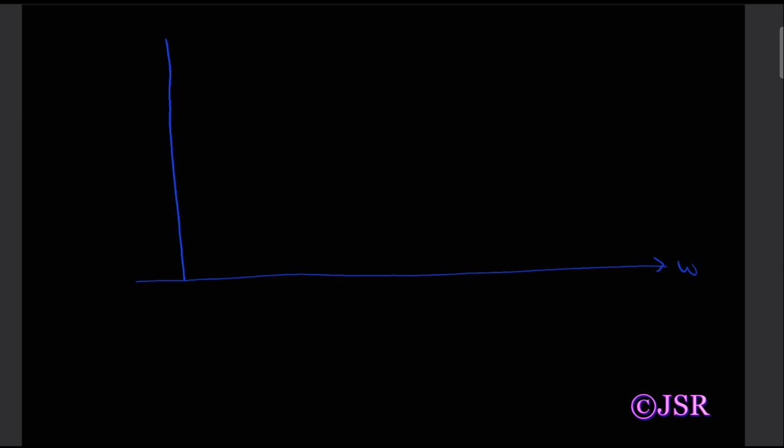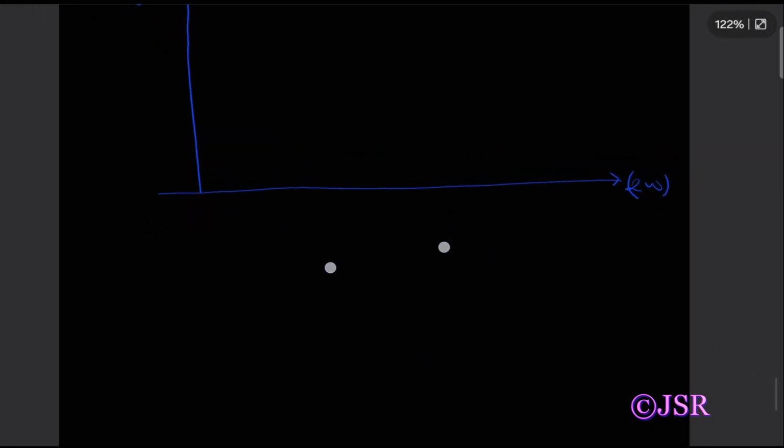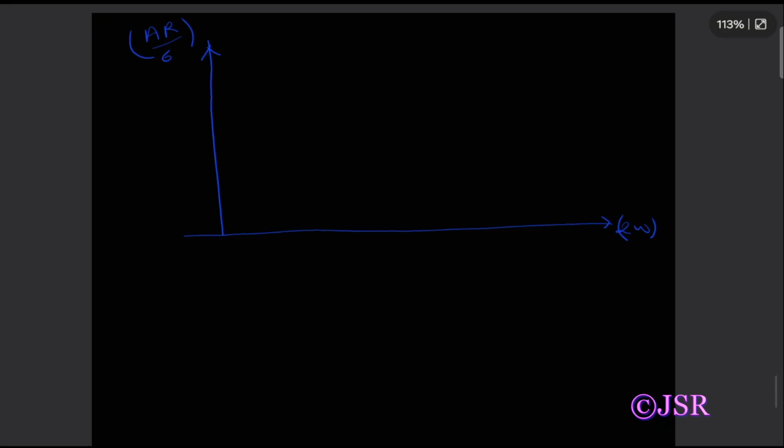So let's say this is omega tau, and in this case let's say this is tau omega, and this is AR by K. Here we will have another plot for the phase plot.